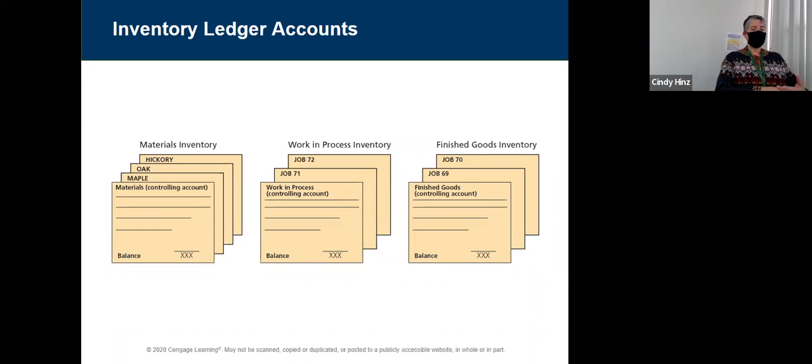So it may be that these jobs already have a customer, custom made for those customers, and they just haven't taken possession of it yet. It might literally still be sitting on the loading dock waiting for the truck to show up. Just because we finished it doesn't mean that the title has transferred to the customers. And so these two jobs are still sitting in finished goods inventory.